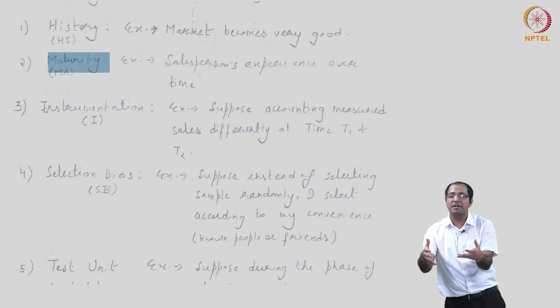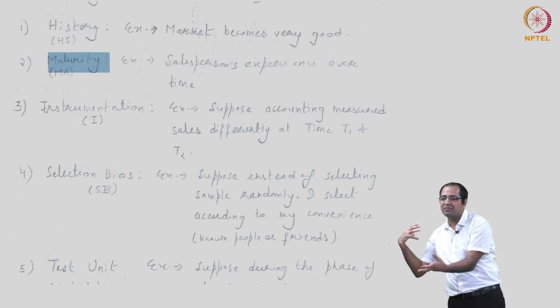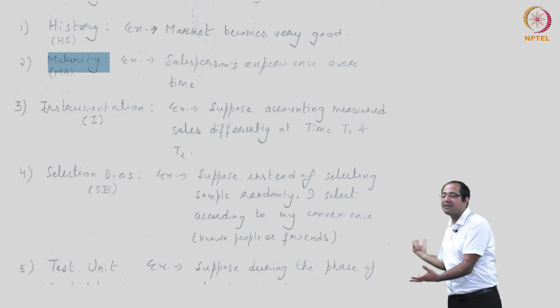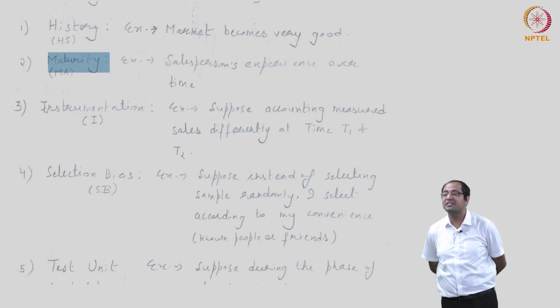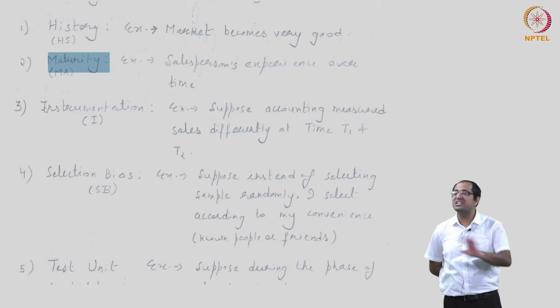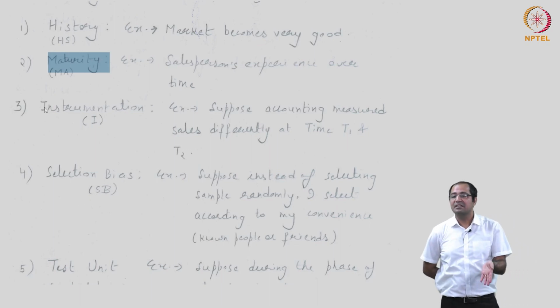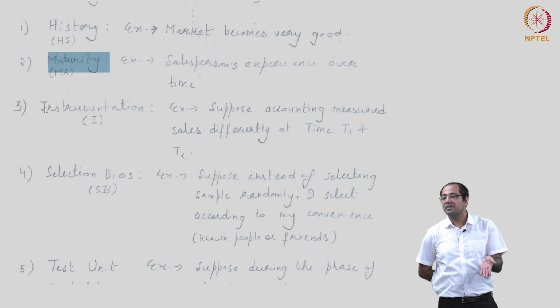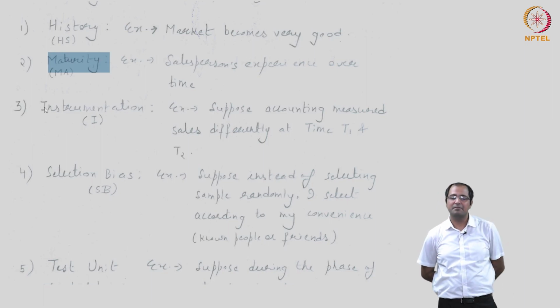You measured your weight on a particular machine, went for a weight training regime, and then came back, but now you are measuring on some other machine. That is a change in instrumentation. In our case, earlier you were measuring rupee sales, but at the end of the experiment you look at the volume by numbers, which means not by rupees, but how many units you sold for different products. That will be a change in instrumentation.